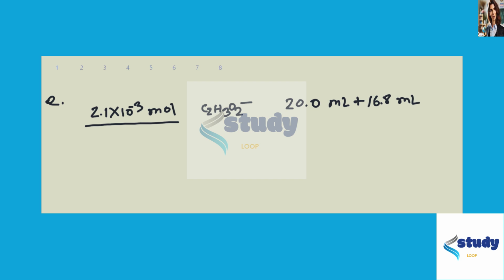That means in total we have 36.8 ml or 0.0368 liter in volume. So apparently the concentration of the acetate ion at the equivalence point will be 0.0571 molar.